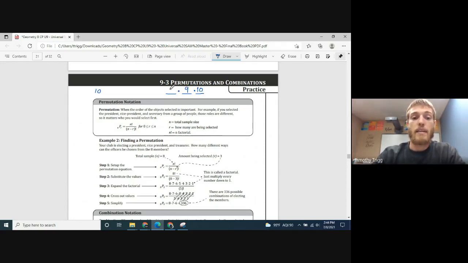Well, that's 8. So the total number of ways for the race to finish, we use that fundamental counting principle, 8 times 9 times 10, and that gives you 720 different ways the race can end.